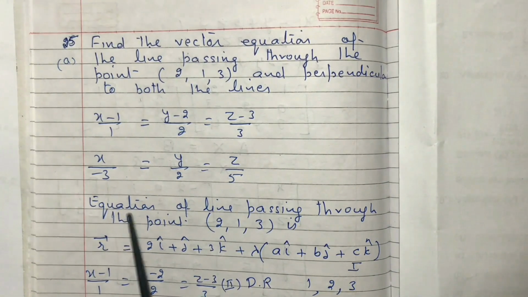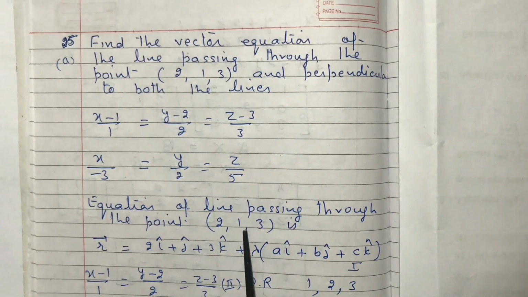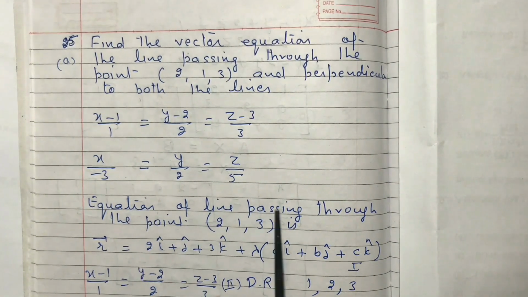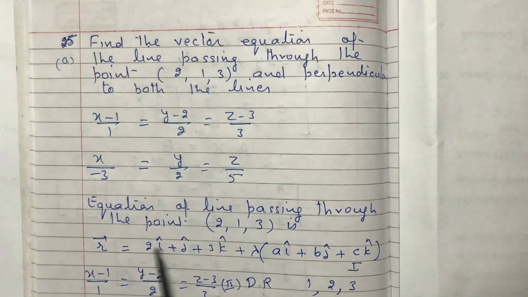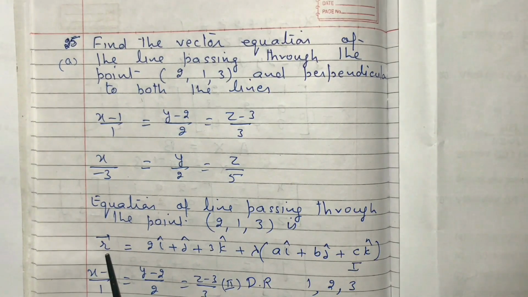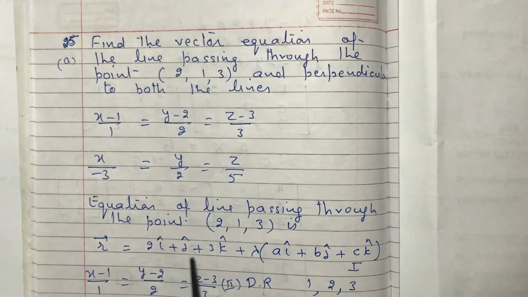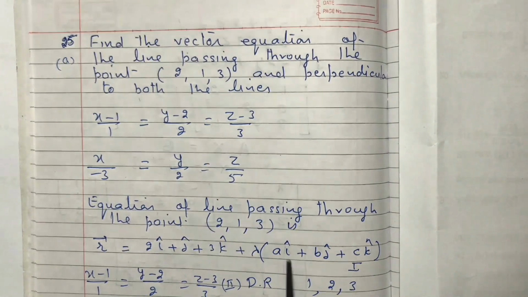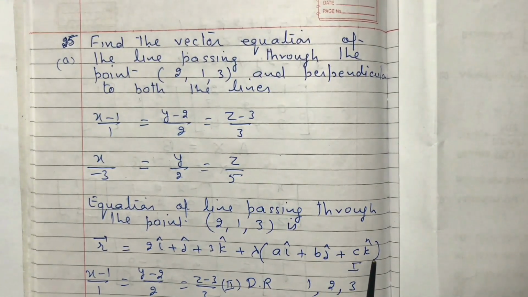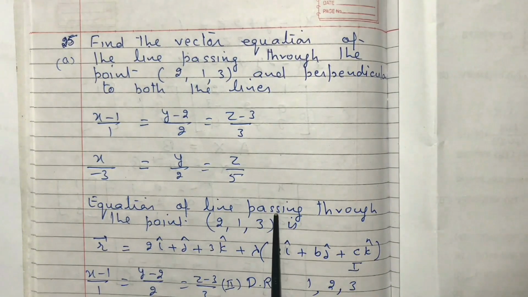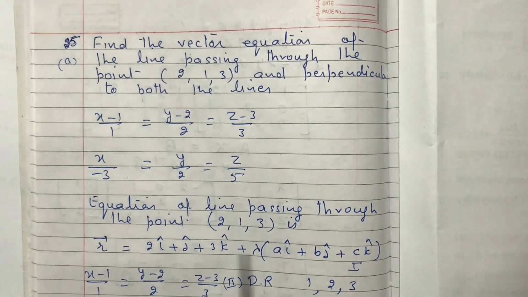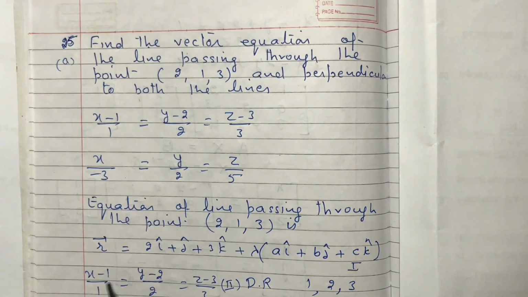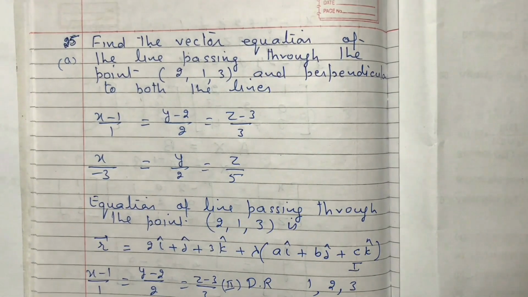Now the equation of the line passing through this point is given as vector r is equal to 2i cap plus j cap plus 3k cap plus lambda (a i cap plus b j cap plus c k cap).